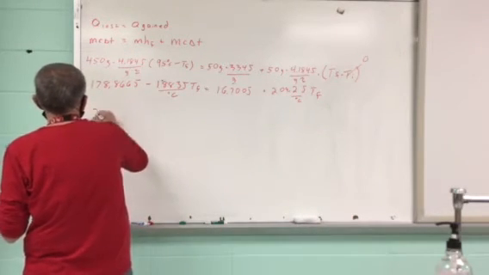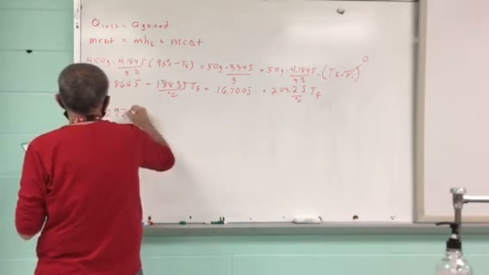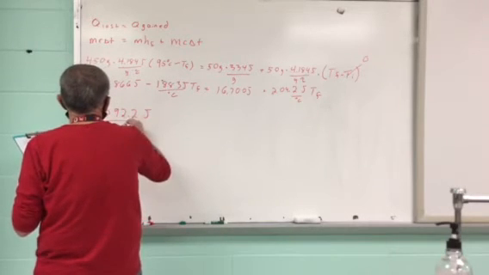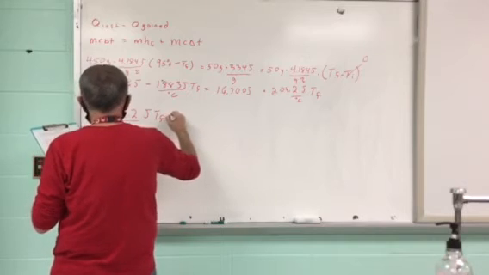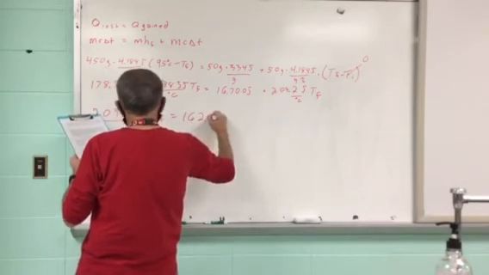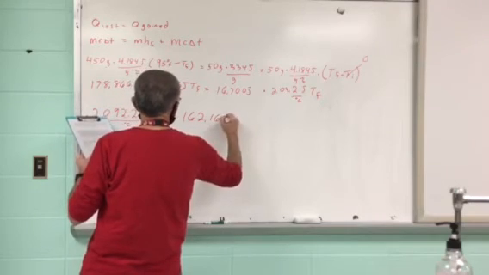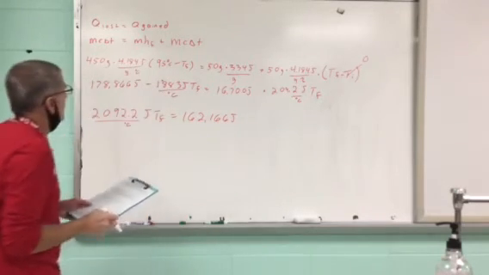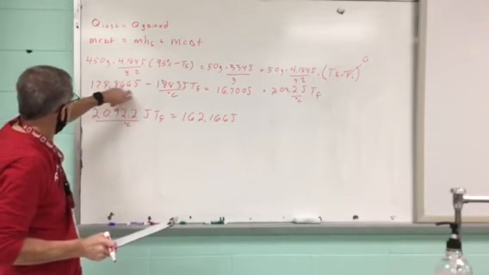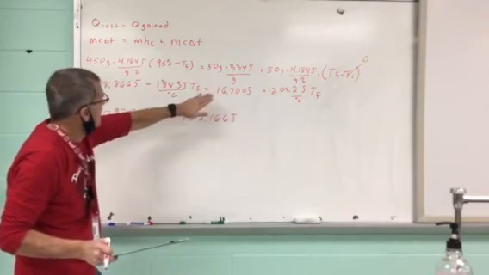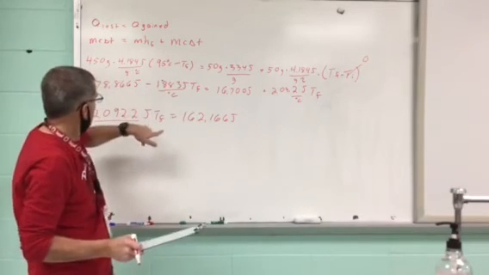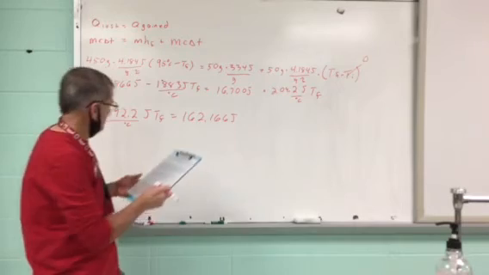So we get 2,092.2 joules per degree Celsius times TF equals 162,166 joules. And all I did was bring this on this side of the equation, so it took 178,866 minus 16,700, and it took 209.2 plus 1,883 to get this value here.